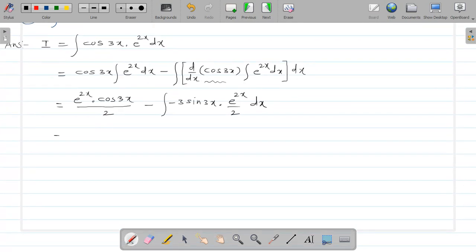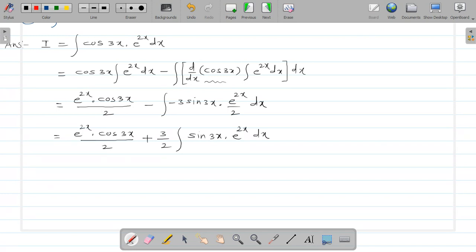Then what will you get here? e raised to 2x into cos 3x upon 2. Now this is minus minus plus, and 3 by 2 is the constant. So I will write plus 3 by 2 into the integration of sin 3x into e raised to 2x dx.